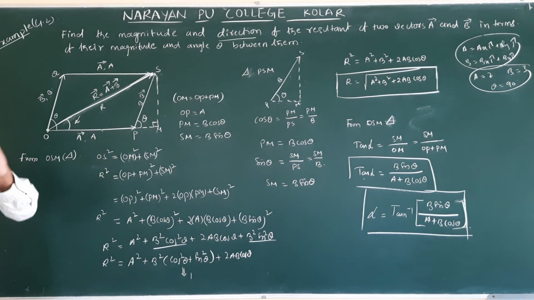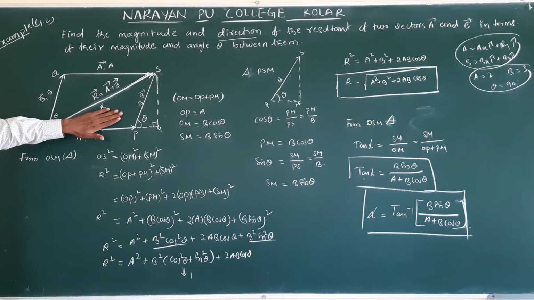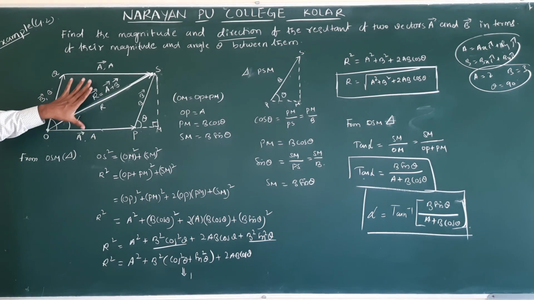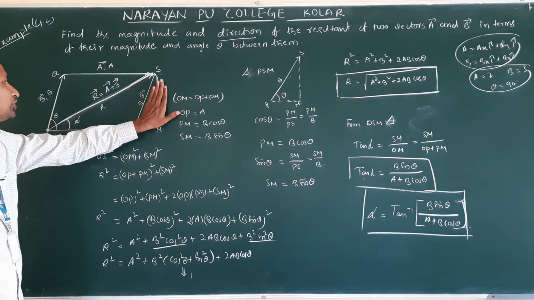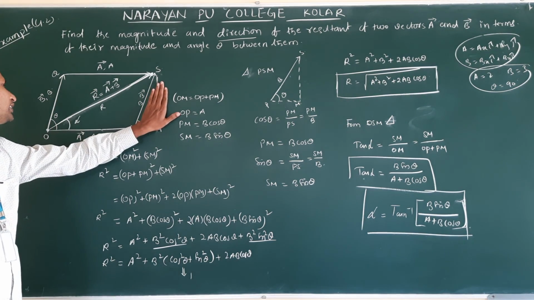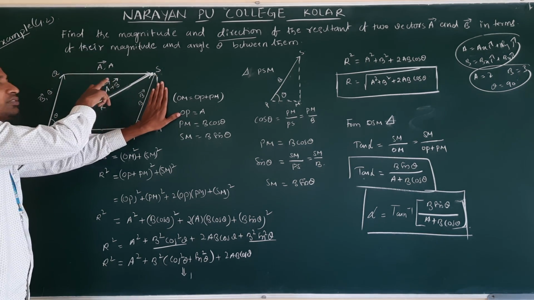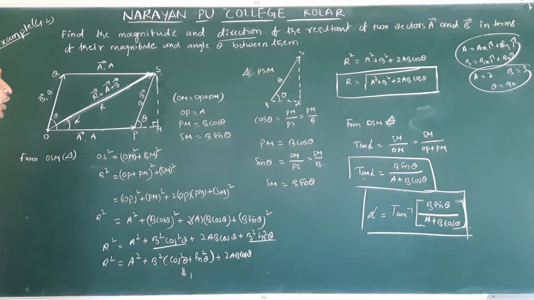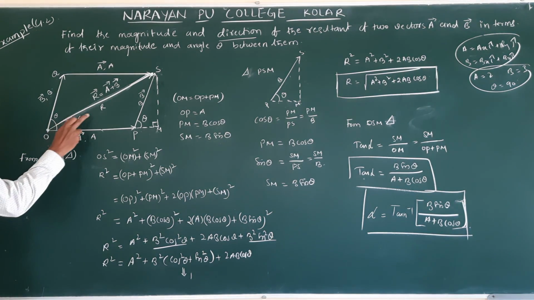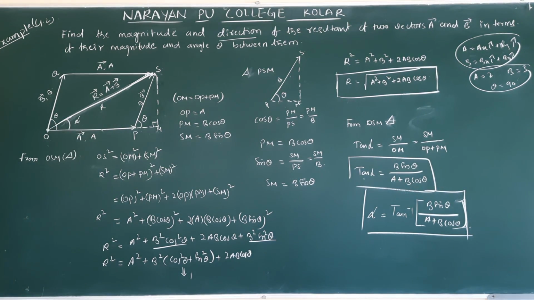If required, I will explain again. But now this is the parallelogram law of vectors. Why do they call it a parallelogram? You see this, OPQS. How does it look? Parallelogram. Now, how do you give the statement for this parallelogram law of vectors?